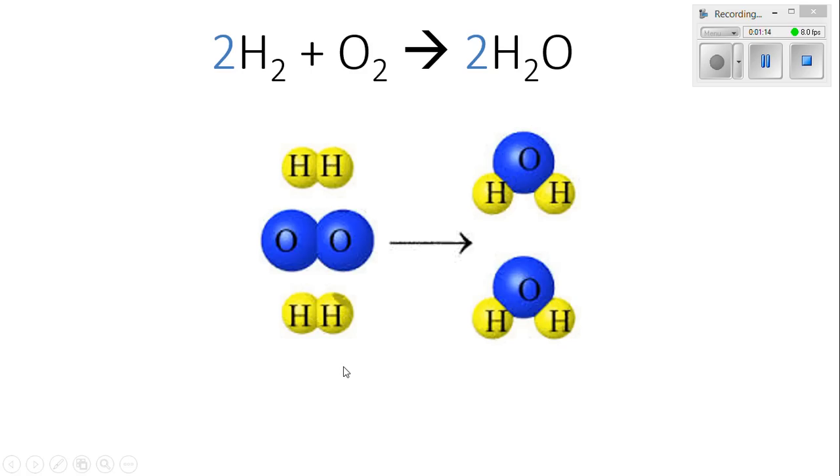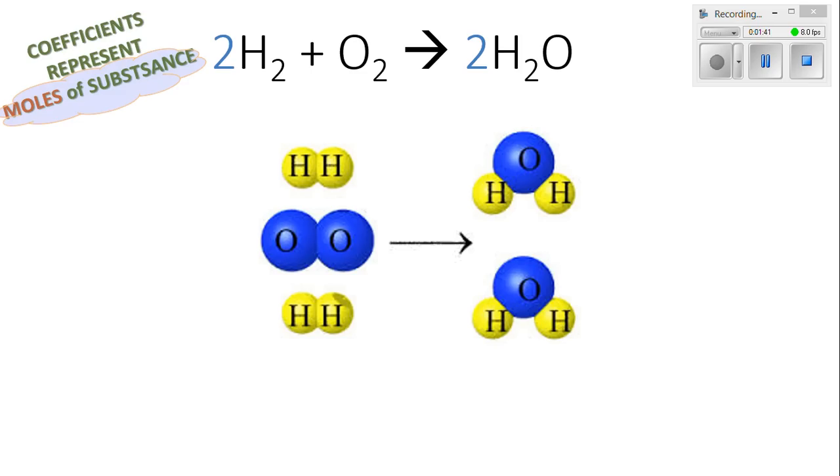So I kept saying molecules and atoms and things, but I hope you recognize that molecules and atoms and formula units, these things are so small that I'm not just going to have 2 little hydrogen molecules reacting with 1 little oxygen molecule to produce 2 little water molecules. What we're actually going to have are moles of hydrogen reacting with moles of oxygen, producing moles of water.